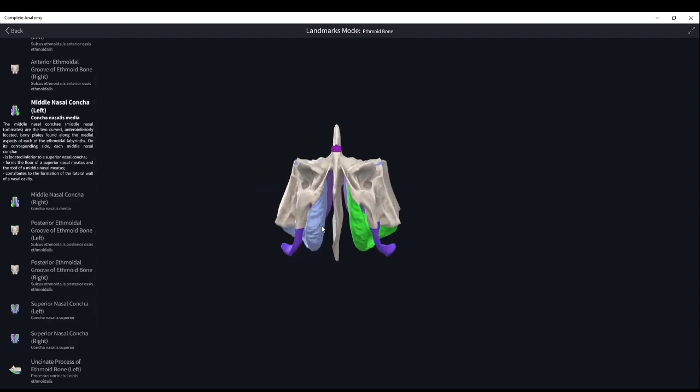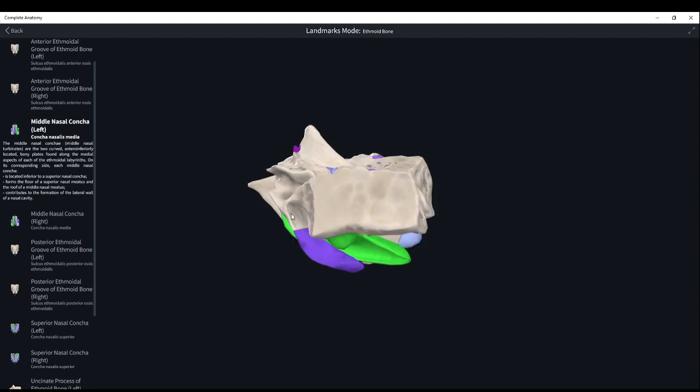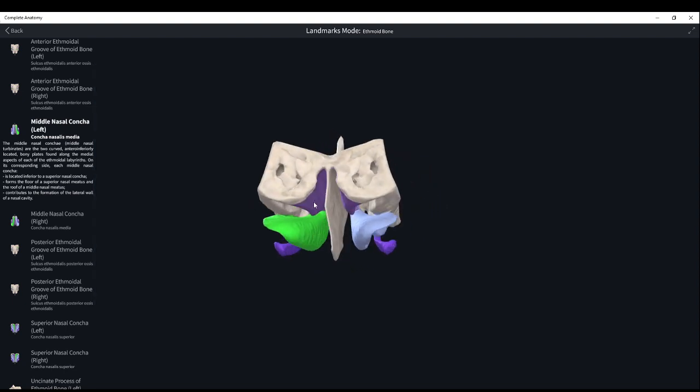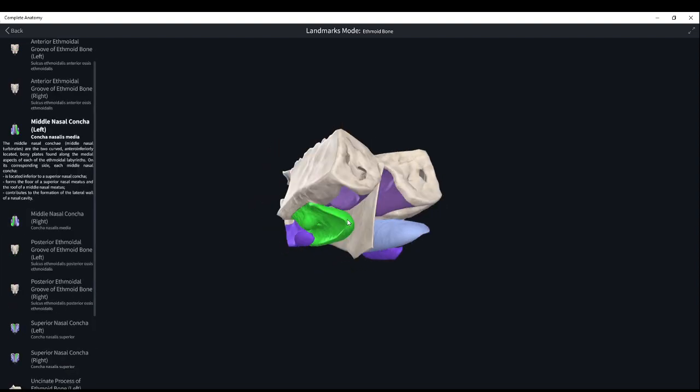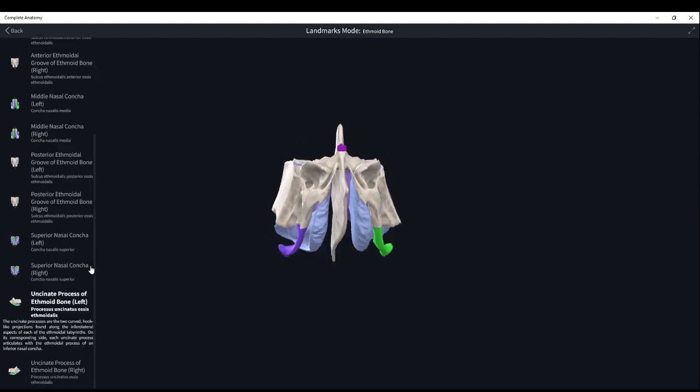Then, the ethmoidal bone has the superior nasal concha, the middle nasal concha, and some relationship with the inferior nasal concha, such as the uncinate process.